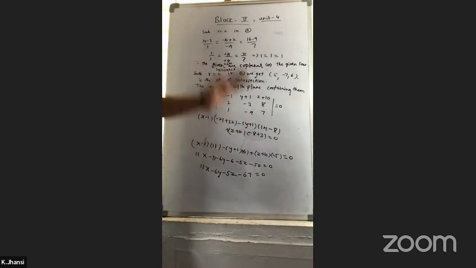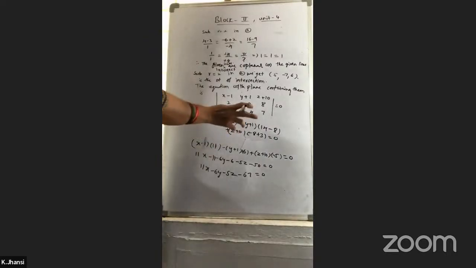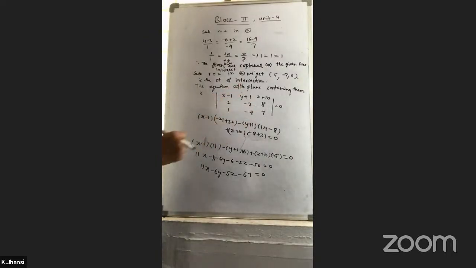If you want one more equation of the plane, then you can take the second line's equation and find one more equation. But it's enough if you find one plane equation. So either you can find it with the help of the first line or with the help of the second line. So this is the equation of the plane containing them.